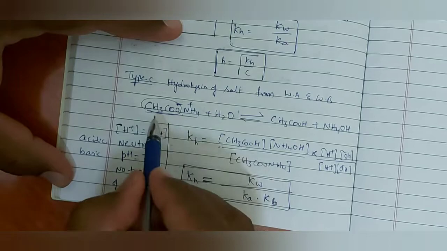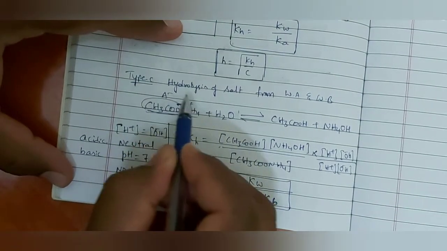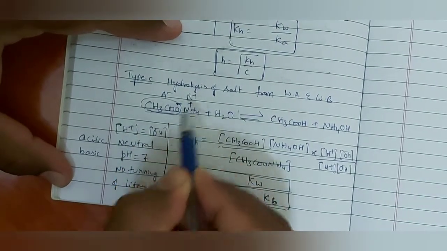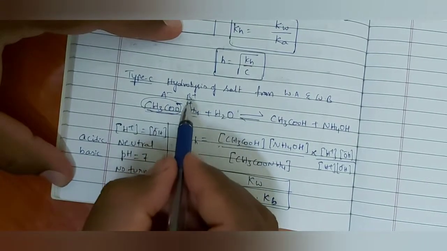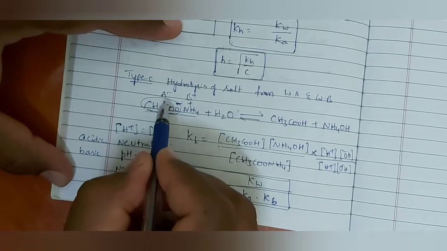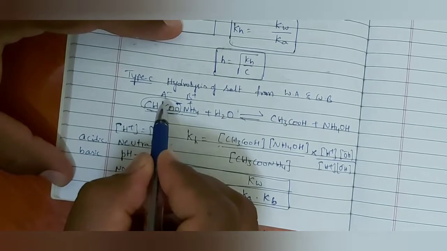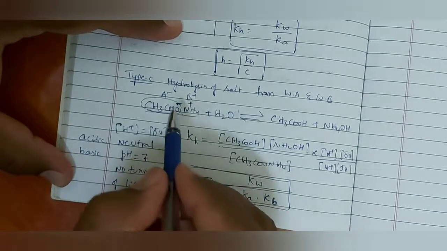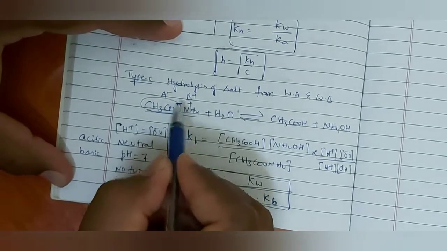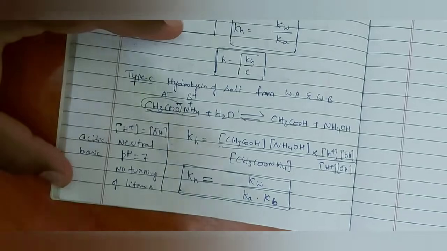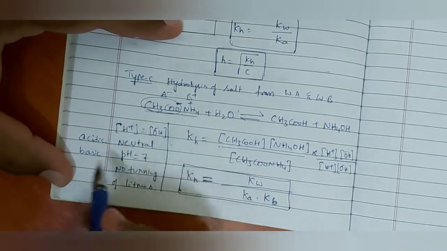In those salts, this A minus and this B plus are not equally strong. Slightly, B plus is weaker than A minus. In that condition, we are getting one resultant. In another condition, A minus is slightly weaker than B plus. In that condition, we are getting another. If both are equally strong, then only we will get neutral.